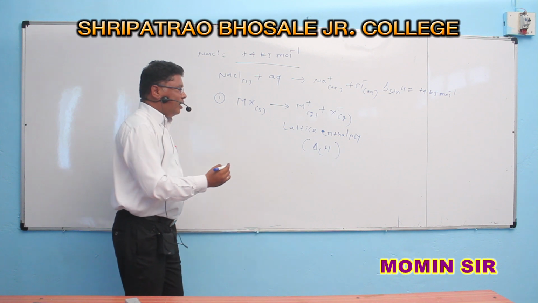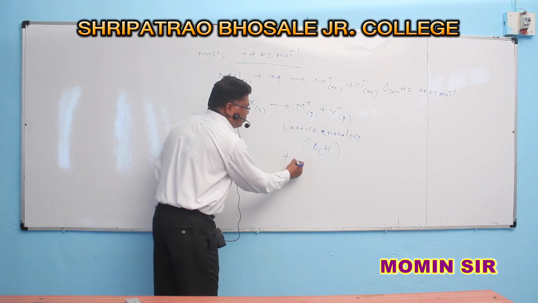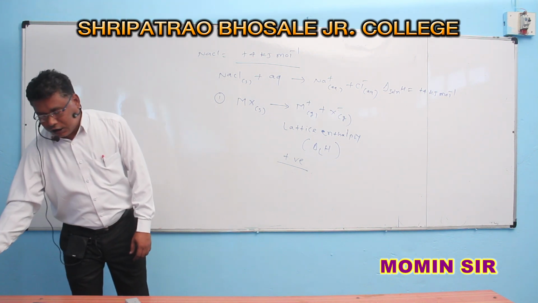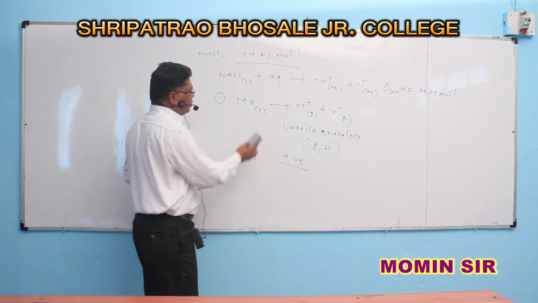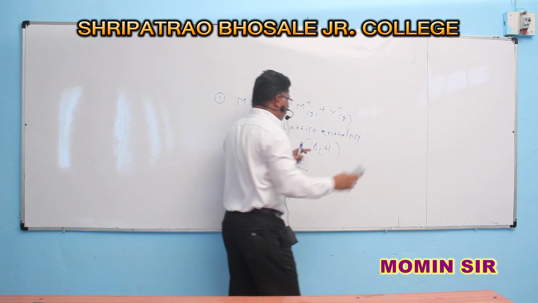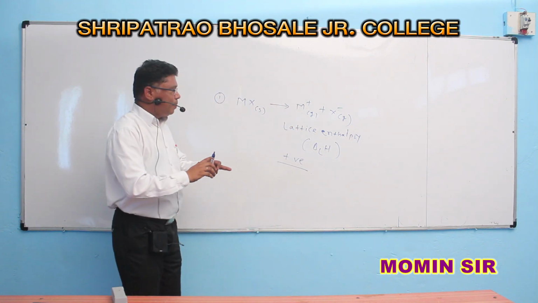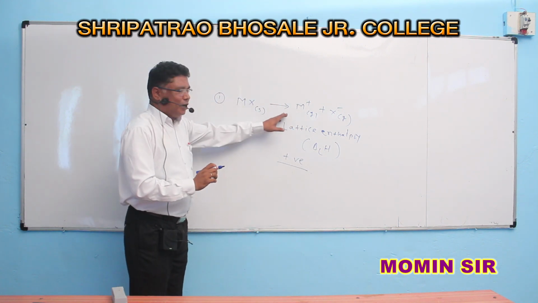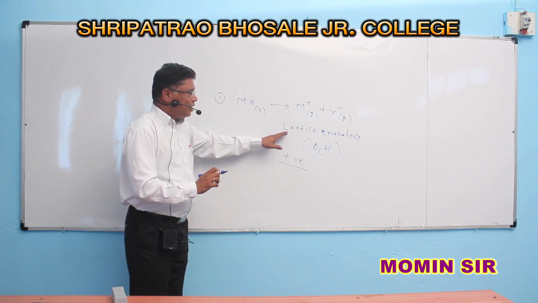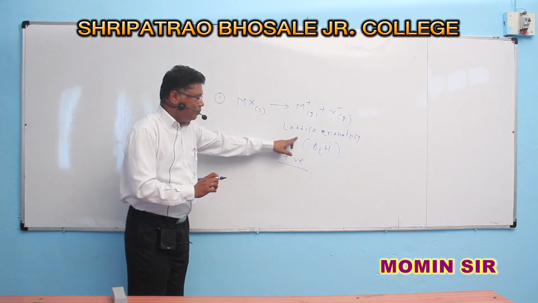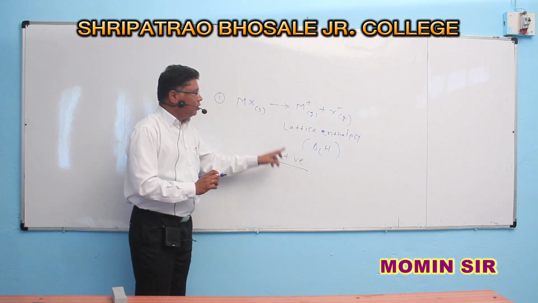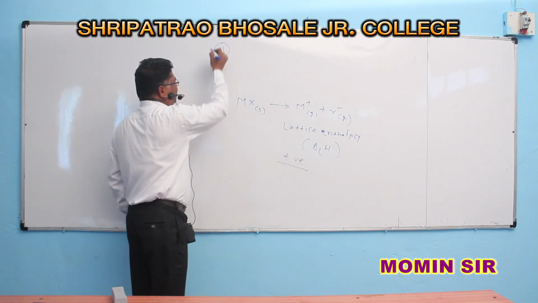Remember, lattice enthalpy is always positive. In the first step, the ions are separated, and the enthalpy required to separate the ions is called lattice enthalpy. It is always positive. In the second step, what happens?